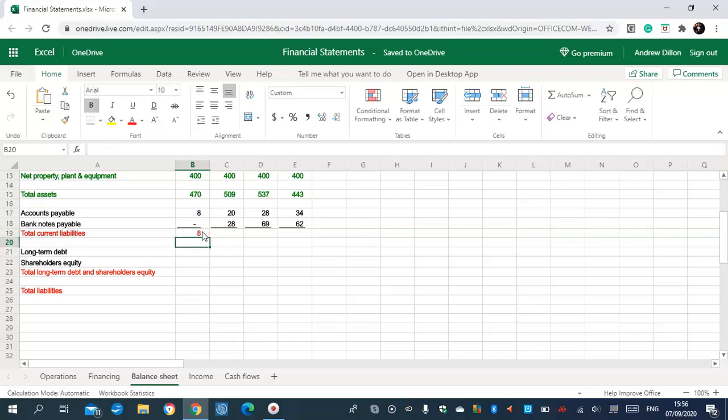And those two together. Get the similar answers to C, D, and E. Now calculate the long-term debt.